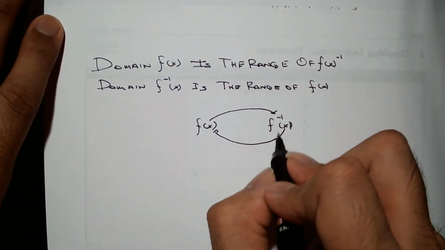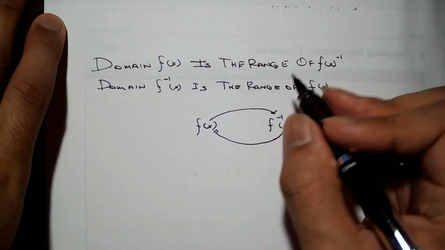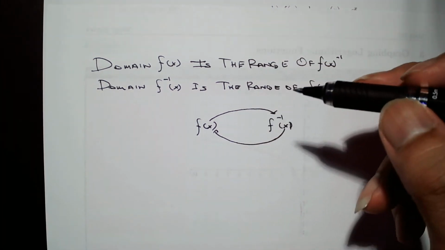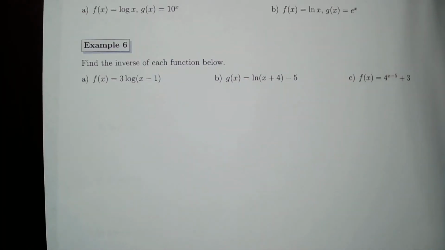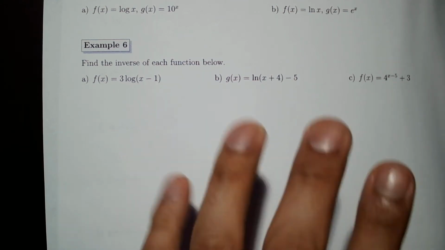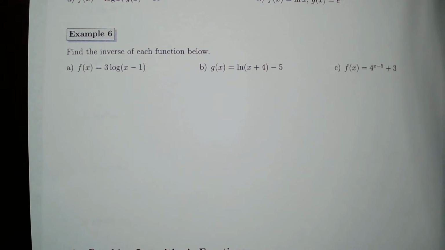That's why they are inverse functions, inverses of one another. So let's use that fact in order to find the inverse of a logarithmic function and the inverse of an exponential function.